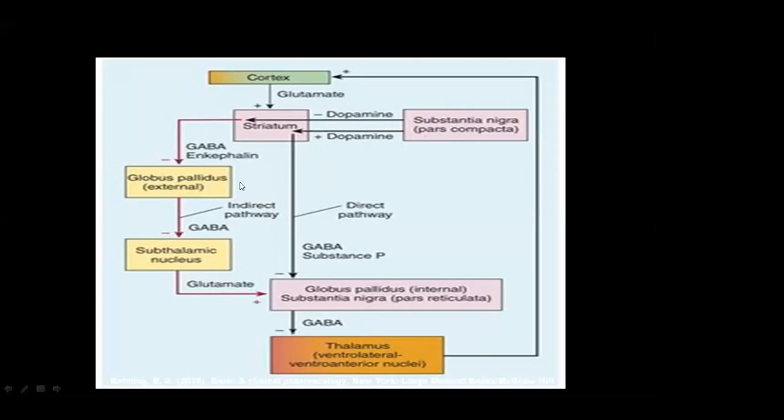Remember, an imbalance of these pathways caused by the depletion or loss of the neurons in the substantia nigra will produce the manifestations that are commonly seen in the pathology of Parkinsonism, which I will be discussing today.